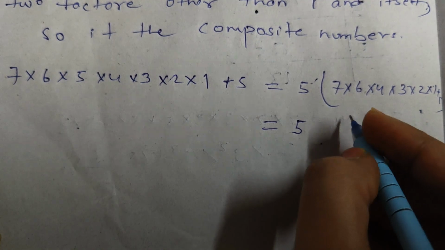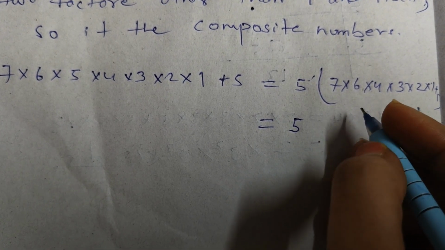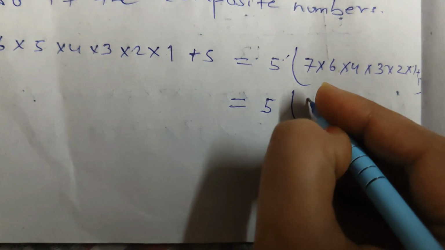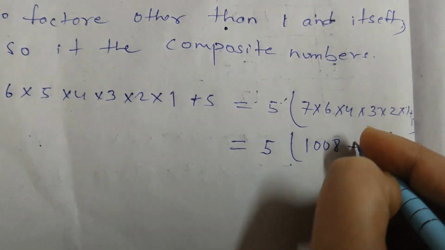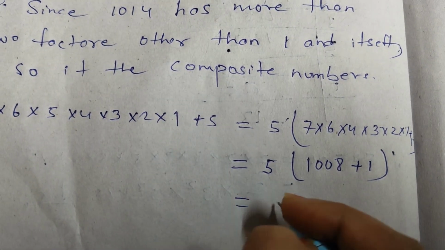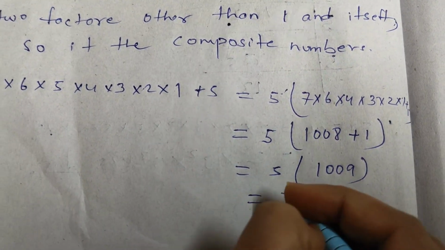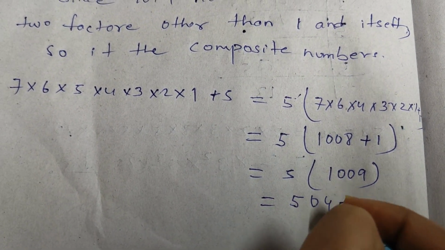If we multiply, we get 1008 plus 1, then 5 times 1009, which is 5045.